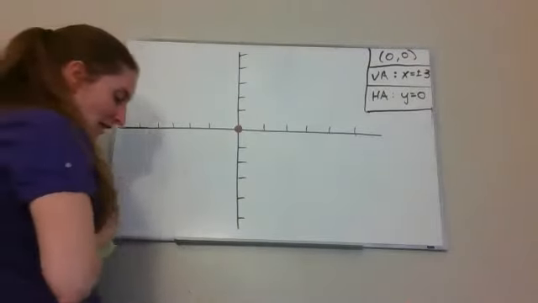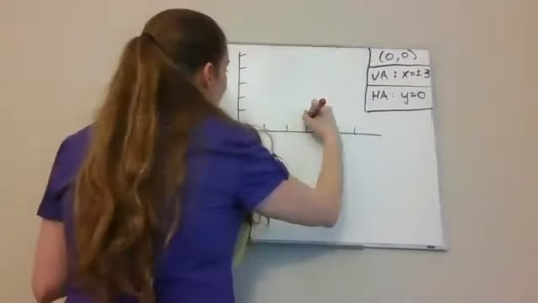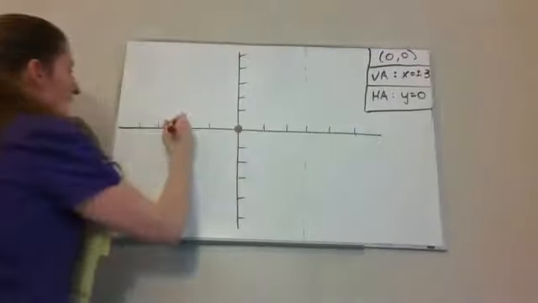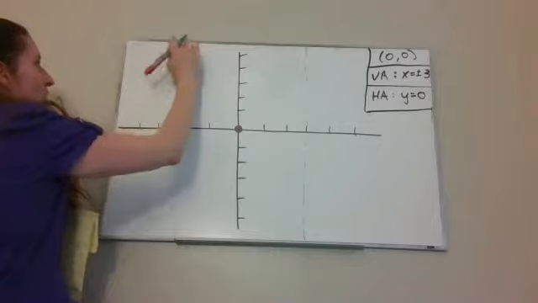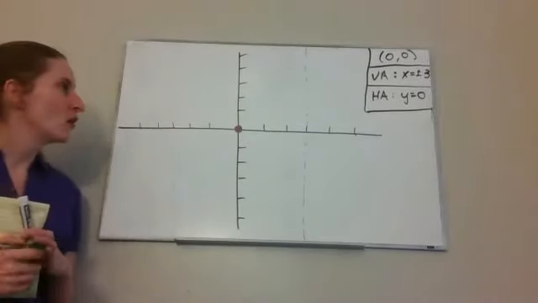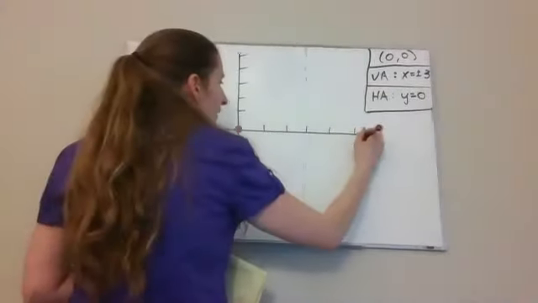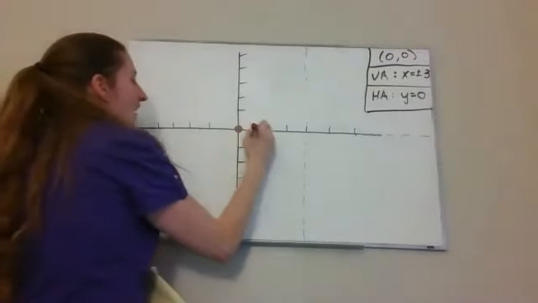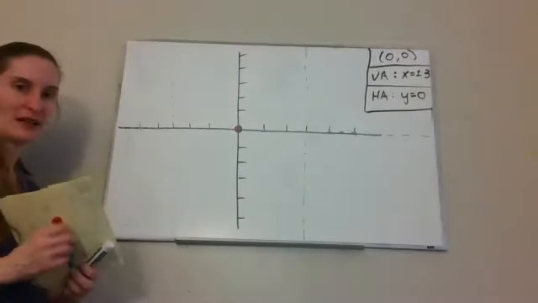So that means I'm going to put a dashed line at x equals positive 3 and x equals negative 3. Those are vertical asymptotes, so I can't touch those. My horizontal asymptote is my y equals 0 line. That's my x-axis. Kind of hard to put a dashed line on the x-axis because you already have your axis there, but I'm going to do it very lightly to remind myself.